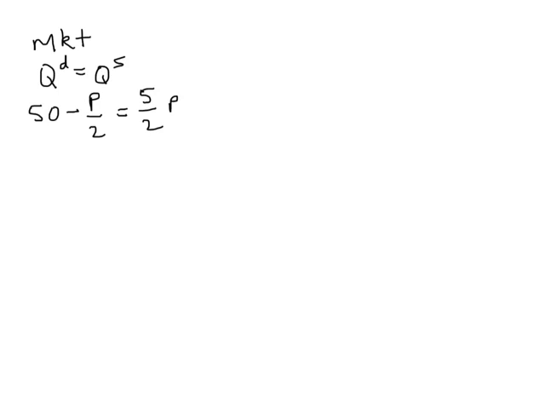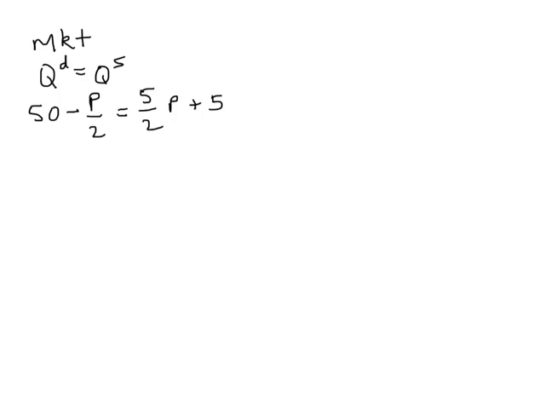So the market analysis, we just have quantity demanded equals quantity supplied, and that's just 50 minus P over 2 equals 5 halves P plus 5, because there's no tax, no subsidy.